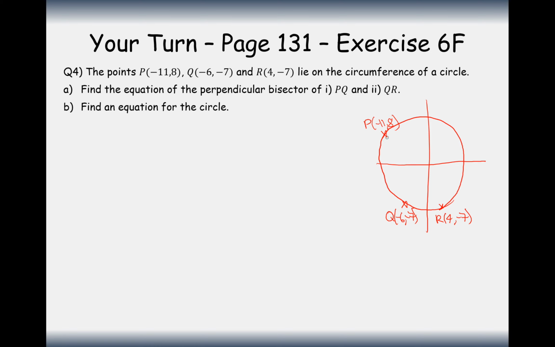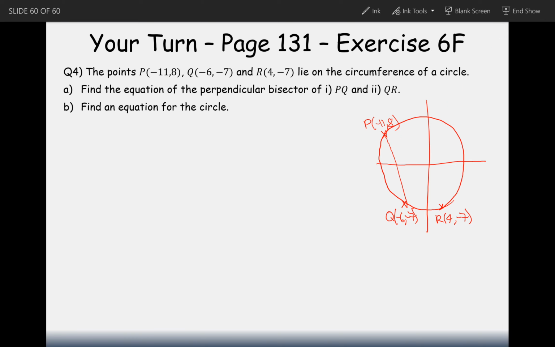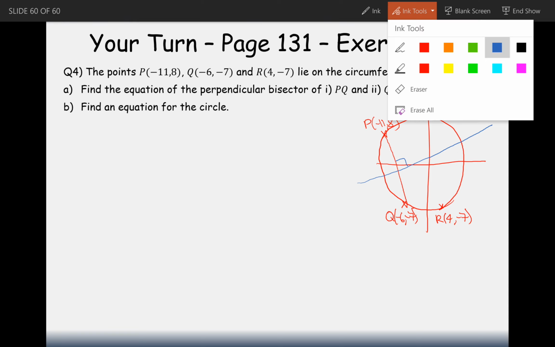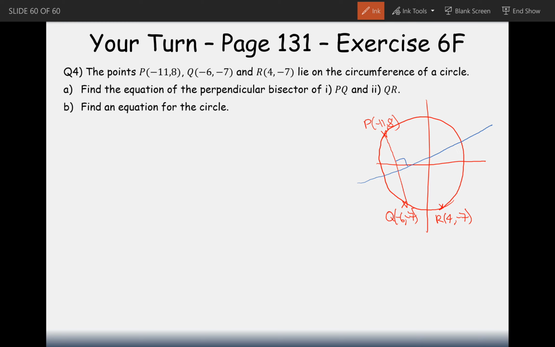So the first thing we need is the perpendicular bisector of P to Q. So connecting these 2 points up here, we want the perpendicular bisector of this. So we're going to want this blue line that I'm drawing in here, where we have a right angle between the chord and the bisector.